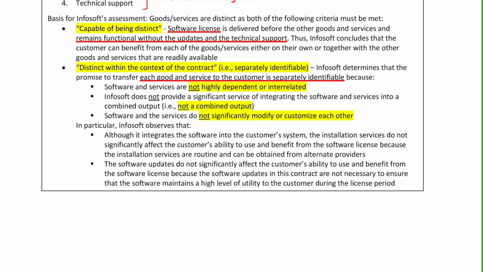So the customer can basically continue using the software even without the updates. So basically, what we have here in this example is 4 distinct performance obligations, which are not only capable of being distinct, but also distinct within the context of the contract. That means separately identifiable.